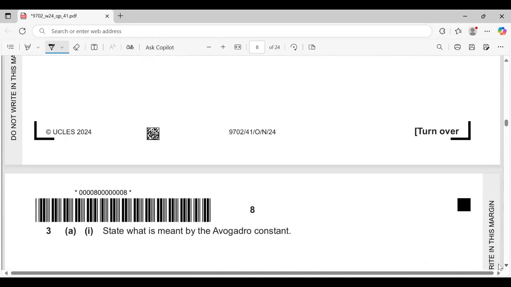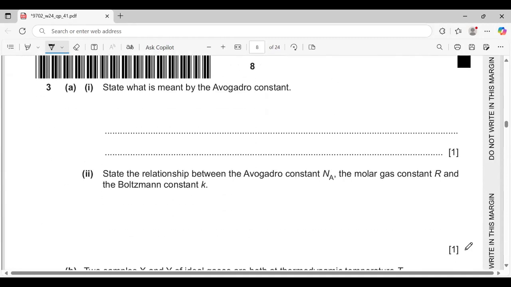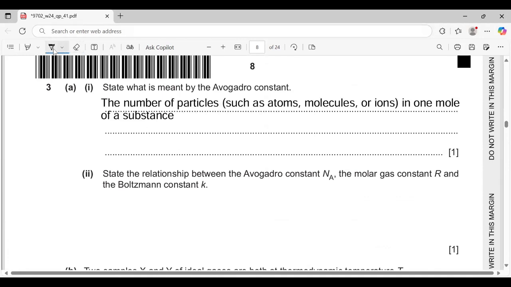Let's continue to number 3. State what is meant by the Avogadro constant. Okay. In my opinion, it is the number of particles such as atoms, molecules, or ions in 1 mole of a substance. And the Avogadro constant has the value 6.022 times 10 power 23 particles per mole.